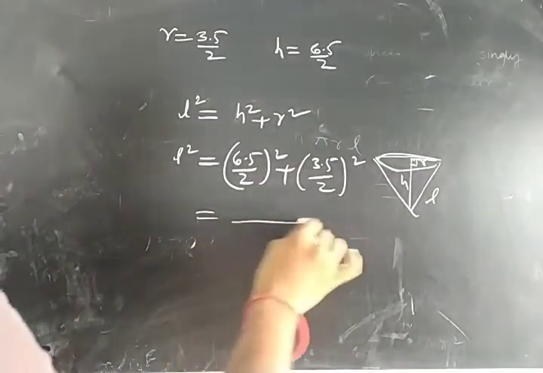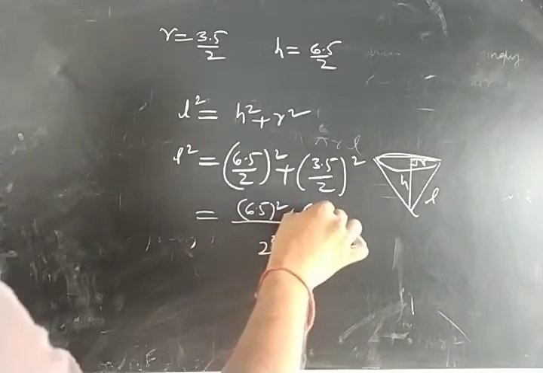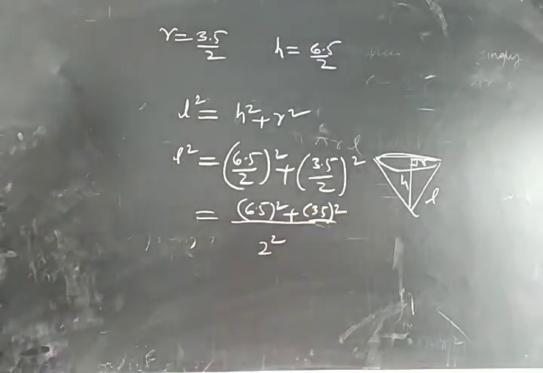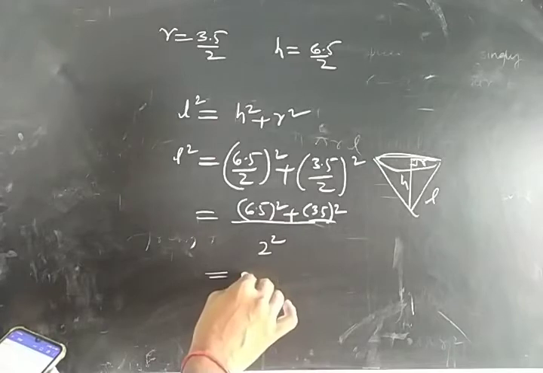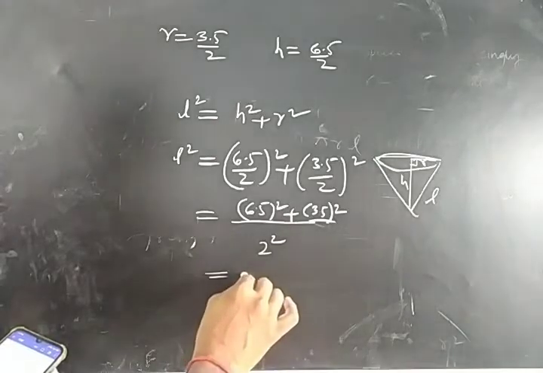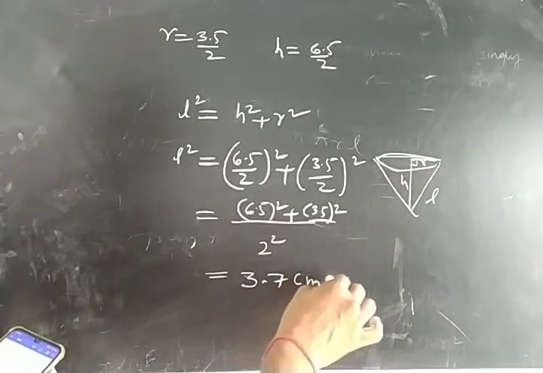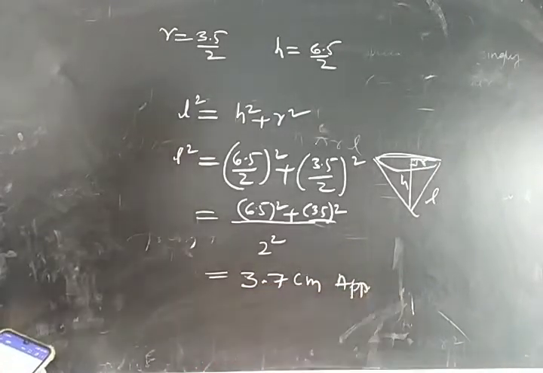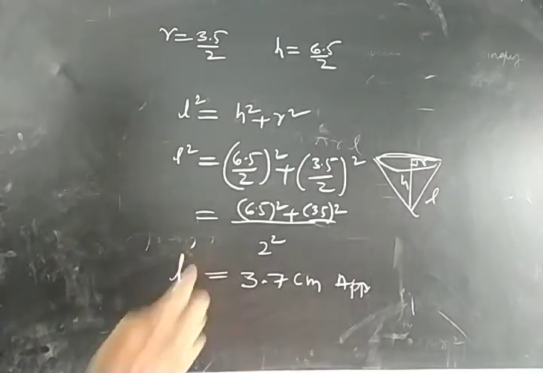That is, 2 square is the LCM, 6.5 whole square plus 3.5 whole square. After simplification, you will get 3.7 centimeters approximately. This is the L value. Now I got the L value.